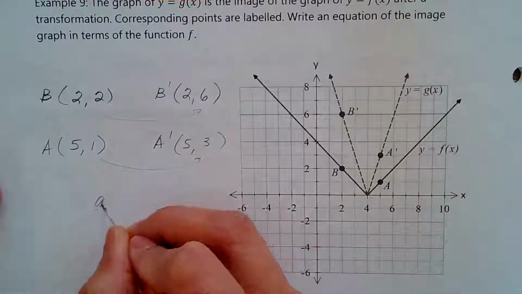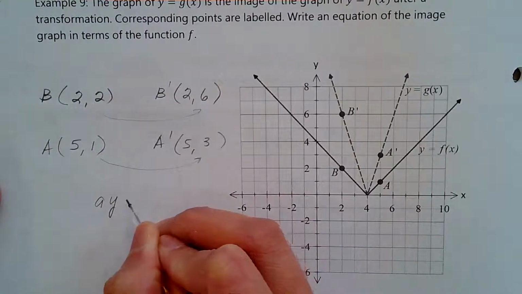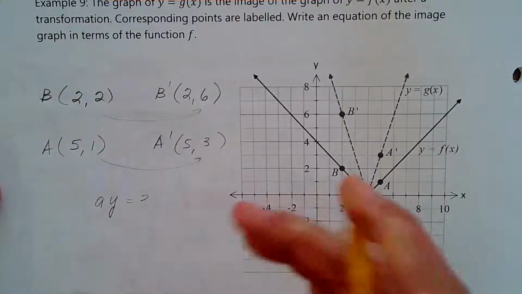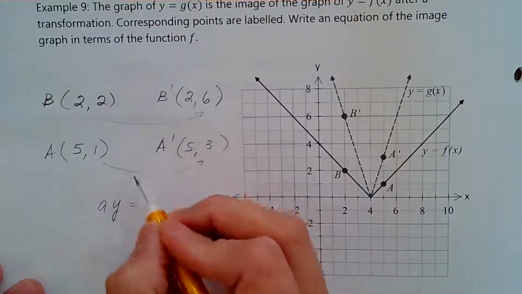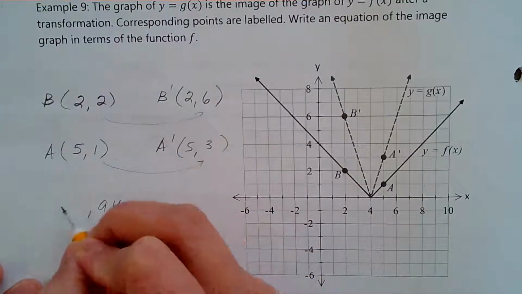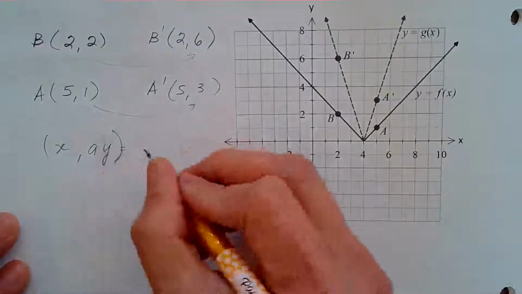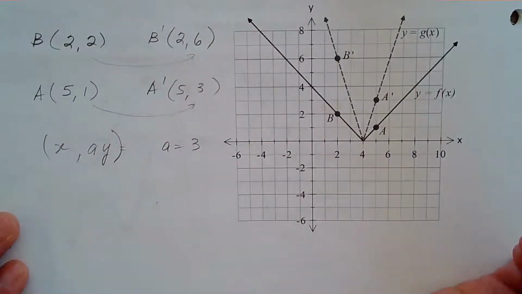So that means a times y is equal to your y, right? A is equal to 3. It's multiplied by 3.